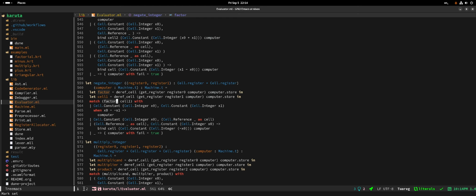Integer negation. Let's look it up. Integers, algebraic properties.